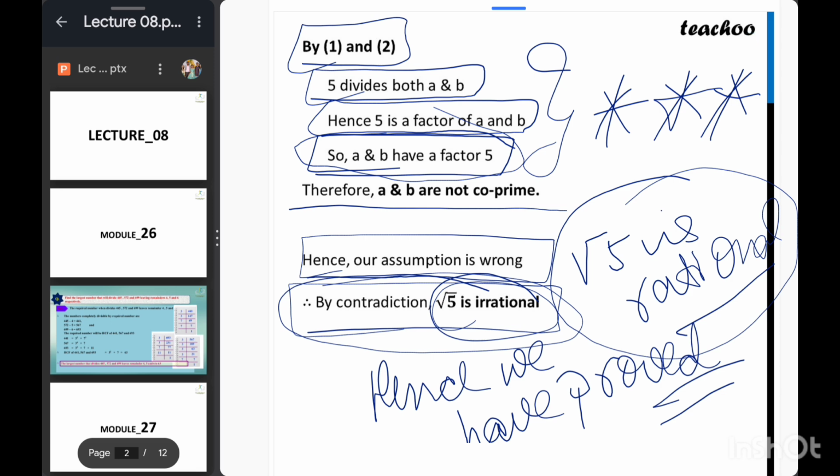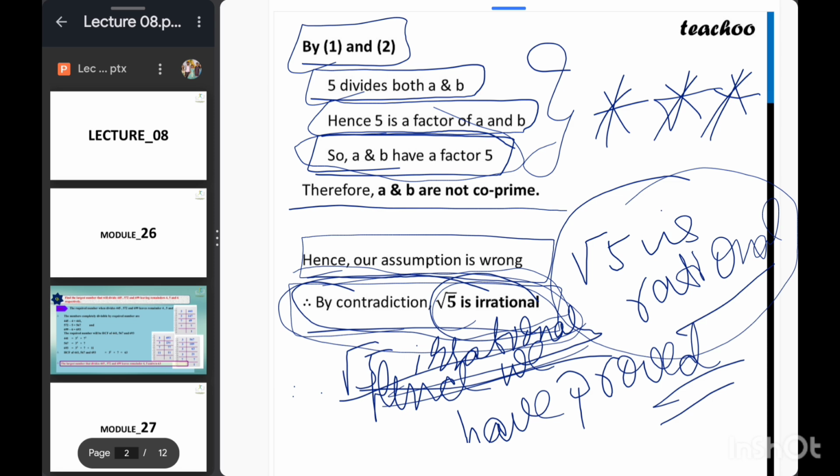We have to write like this: by contradiction, root 5 is irrational. After this, you write that root 5 is irrational. So this is the proof that root 5 is irrational.